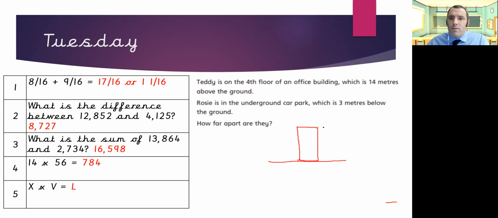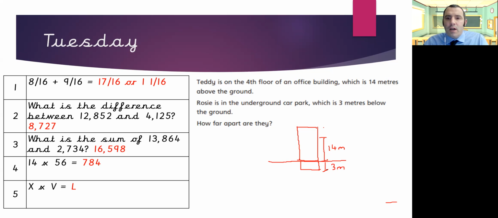So I know that on the 4th floor, so I'm going to put it here, he is 14 meters above the ground. Rosie is in the car park underground, which is 3 meters below the ground. So you have to forgive me, I'm not drawing this to scale, so it's not going to be exactly right, but we know she's 3 meters below the ground.